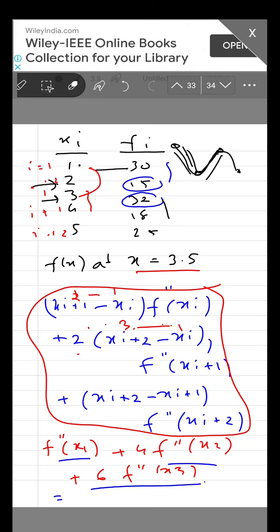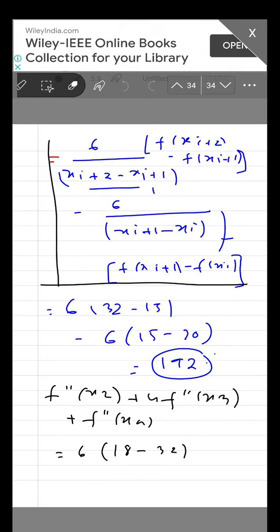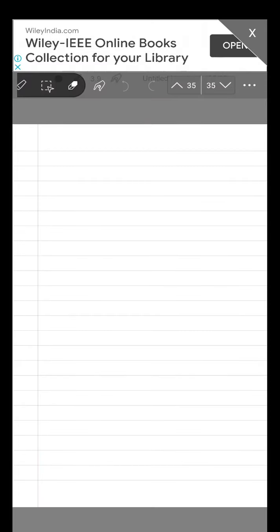Now 18 and 32, and 32 and 15 will come into the picture: 6 into (18 minus 32) minus 6 into (32 minus 15). So we get the value as minus 186.